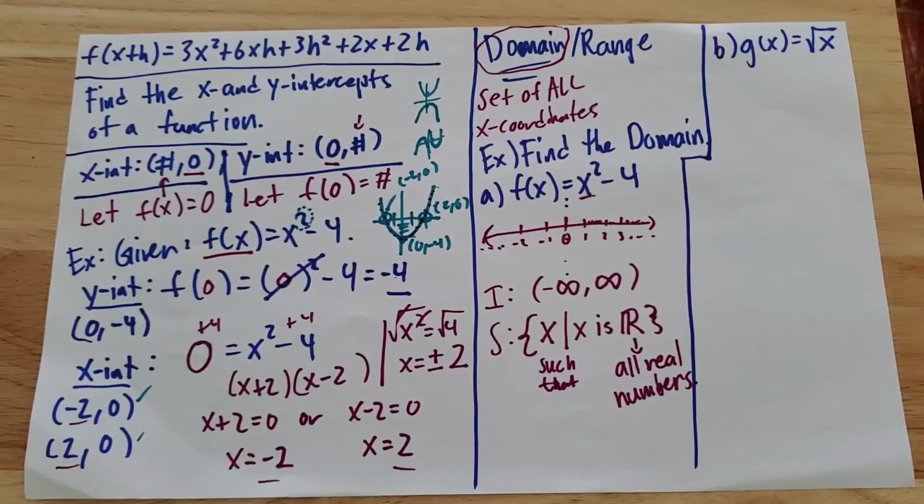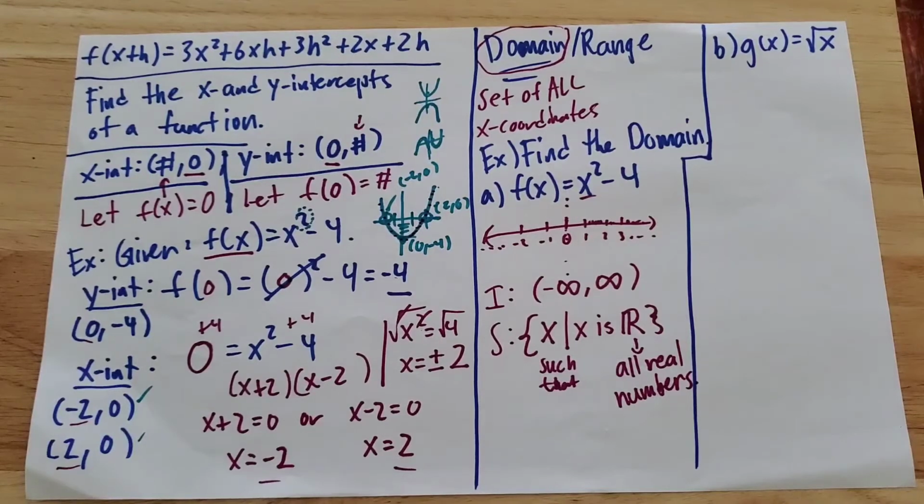That's when we solved that problem by using complex numbers. But if I'm just working with the x-axis, there are no imaginary numbers on this axis. So I only want all the real numbers that satisfy this function.